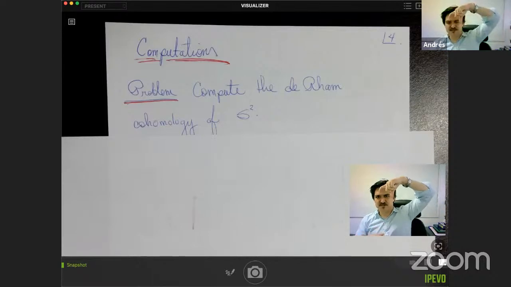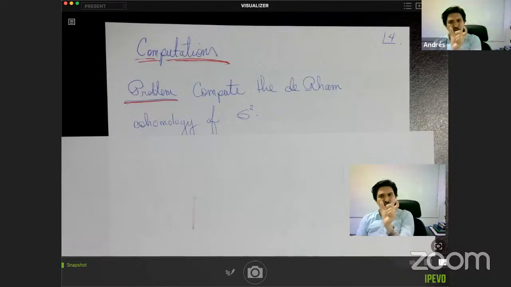We choose the upper hemisphere and lower hemisphere. We computed the Mayer-Vietoris exact sequence, and we were able to know exactly every vector space except one.